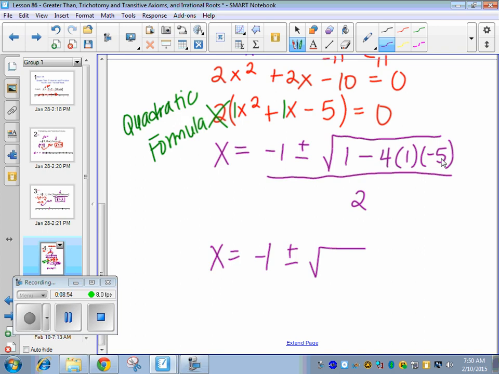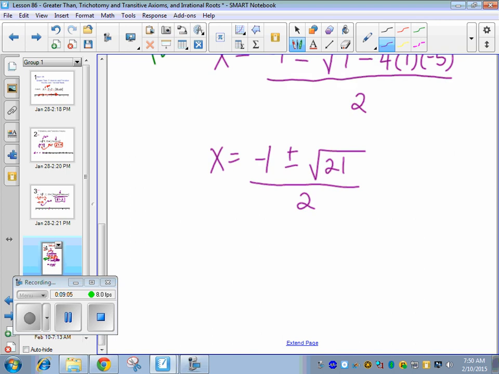This becomes a positive 20 because I have a negative times a negative. So plus 20 and then a 1 plus 20, so I get 21 over 2.